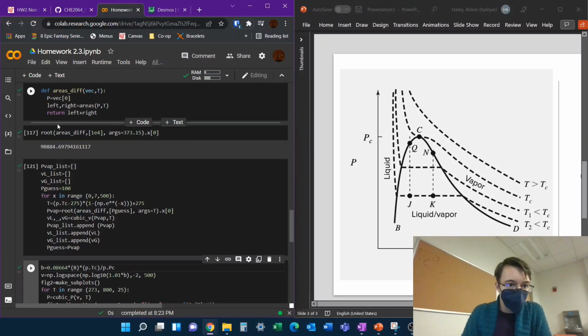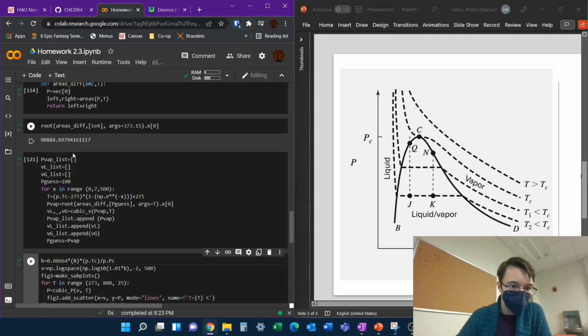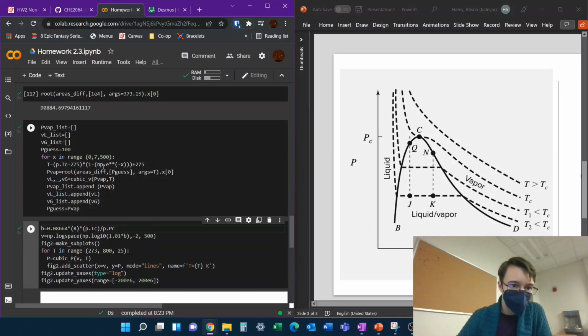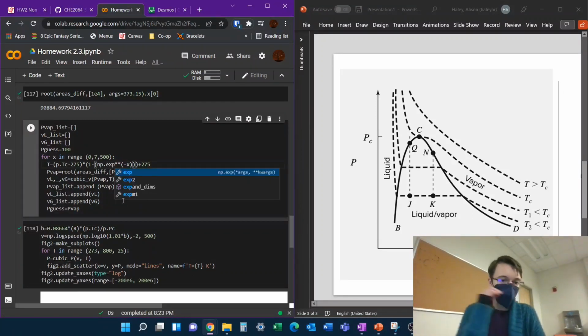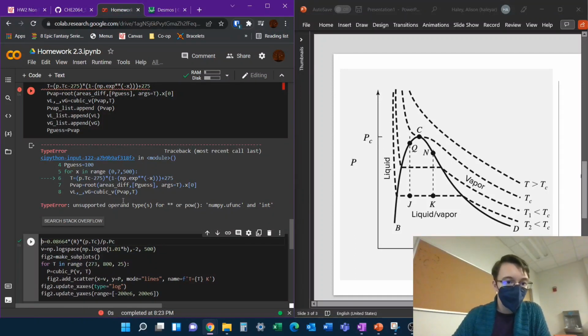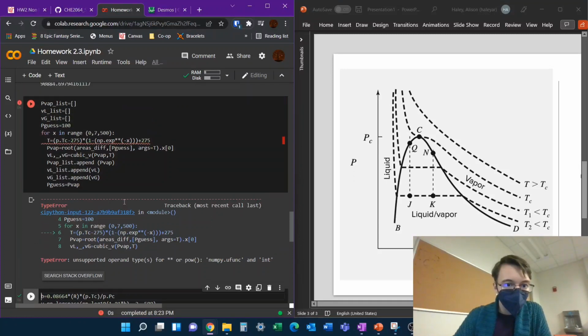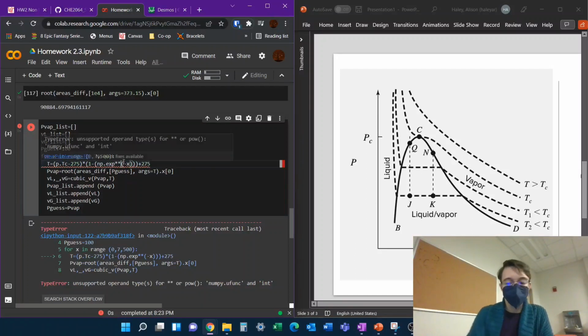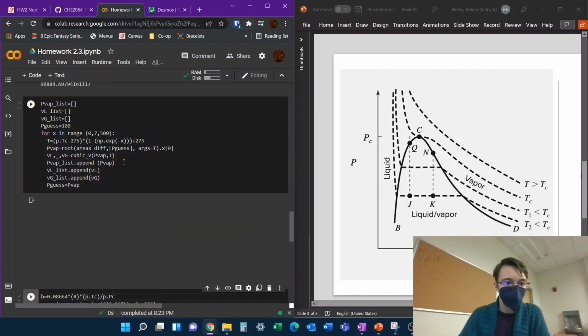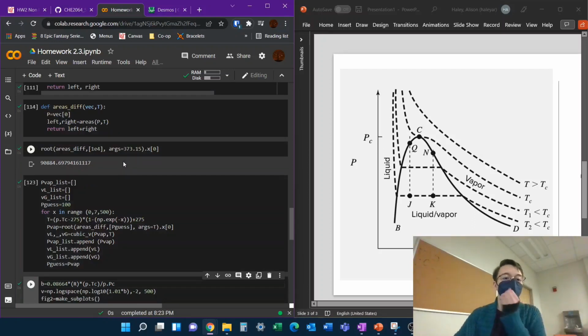And then, all right, it didn't come up with an error, but I'm pretty sure this is actually supposed to be mp.exp. The exp will put it in the exponent anyway, so we don't need to make it an exponent. All right, so now we should be good.